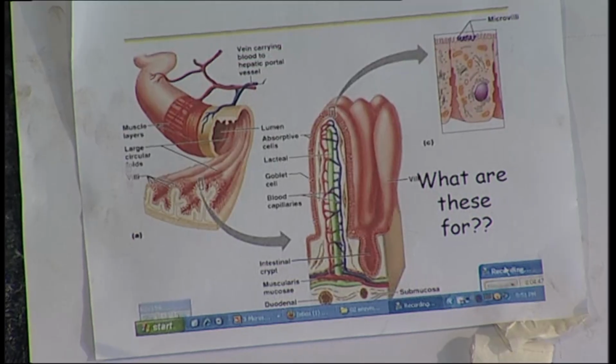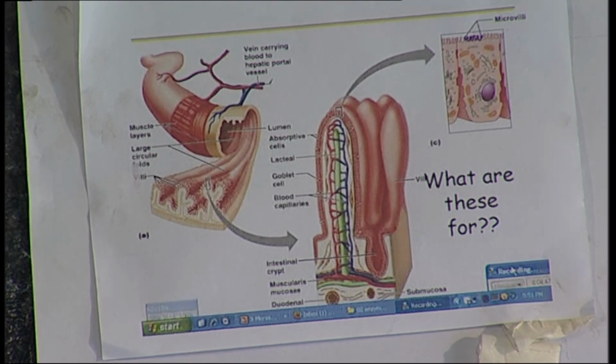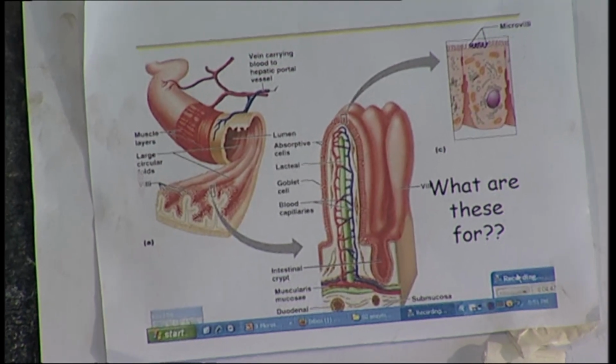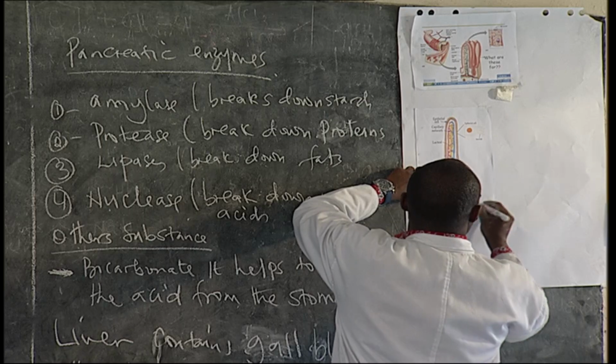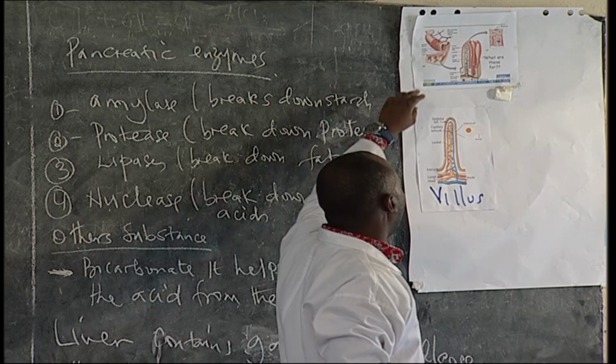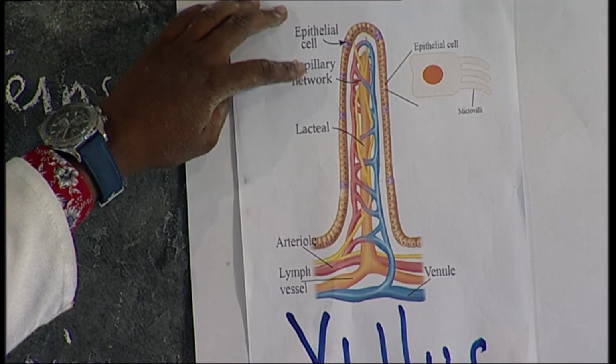We have another diagram showing a detailed structure of a villus. This one is a villus. The villus is made up of very many parts. We have what we call epithelial cells. We have blood network capillaries.